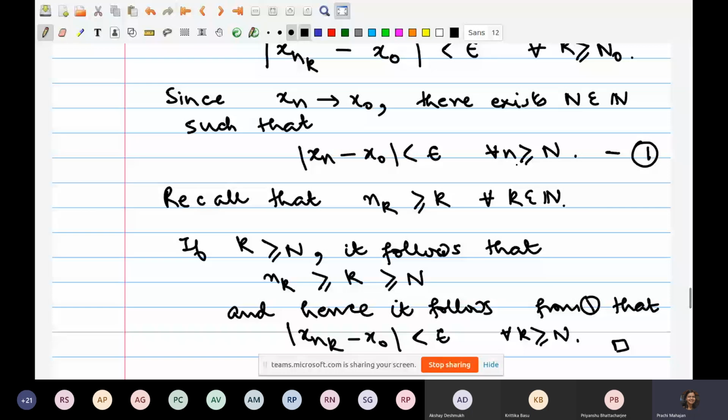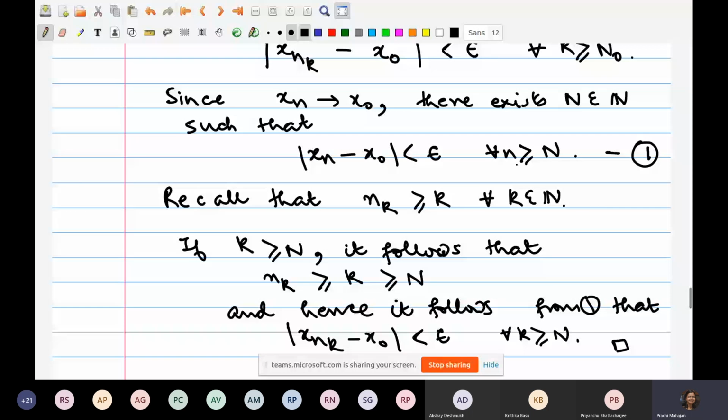So if you want to say that, for example, a sequence xn of real numbers does not converge to a point x naught, it is enough to produce a subsequence of that sequence which does not converge to x naught. That is one way to go about it, because all subsequences of a convergent sequence must converge to the same limit.